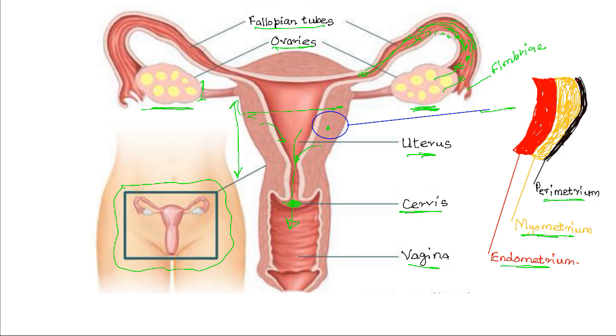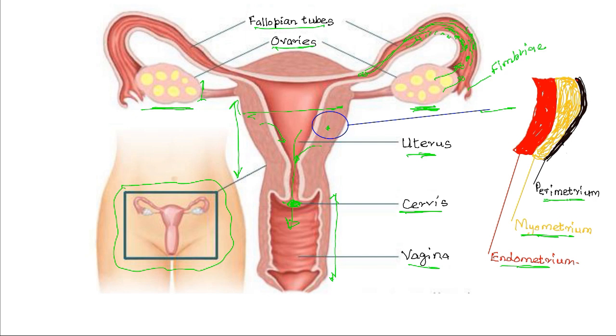The vagina is a muscular tube that is about 8 to 20 centimeters long. The walls of the vagina contain elastic tissues.